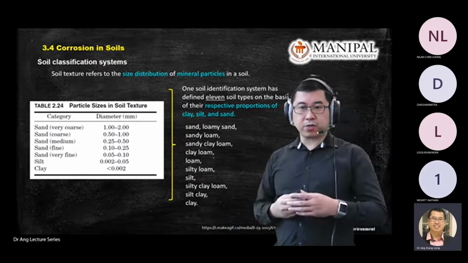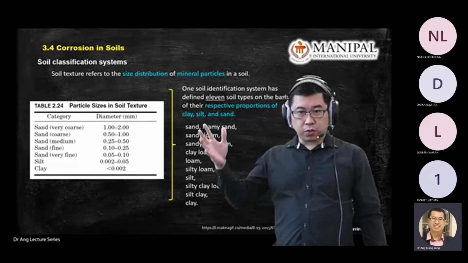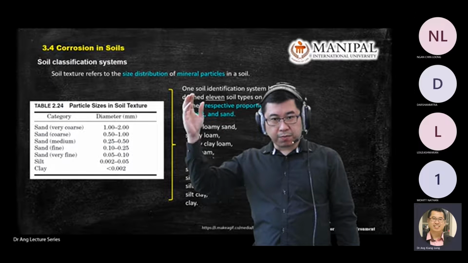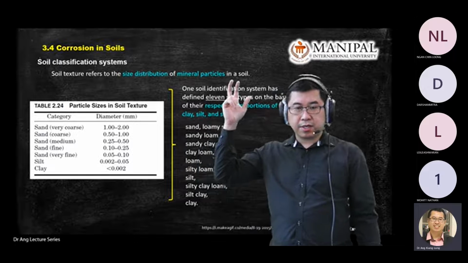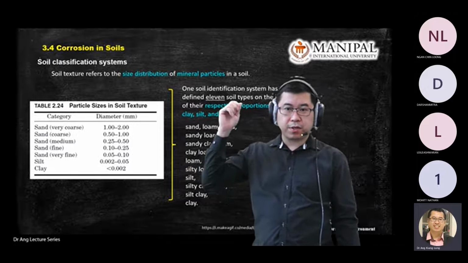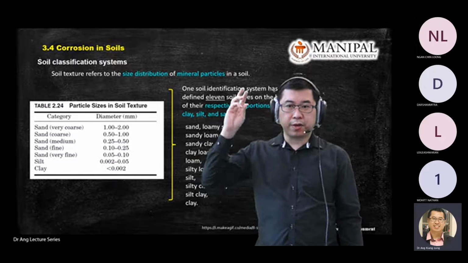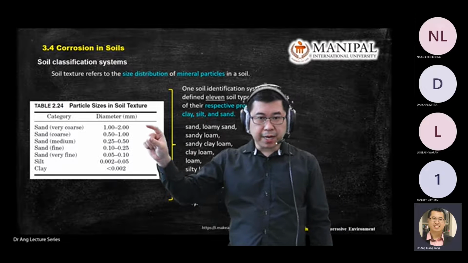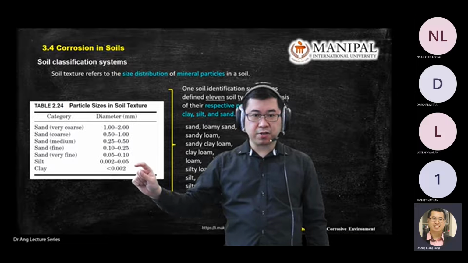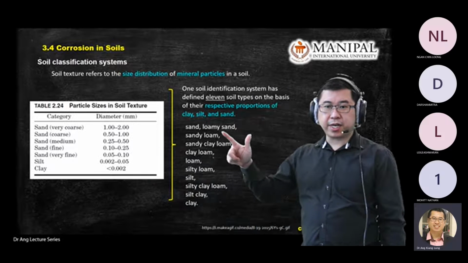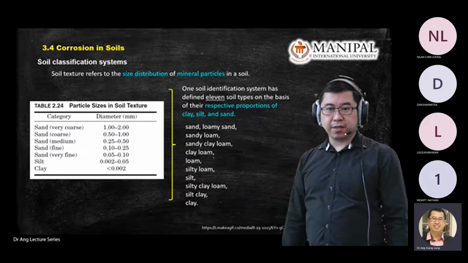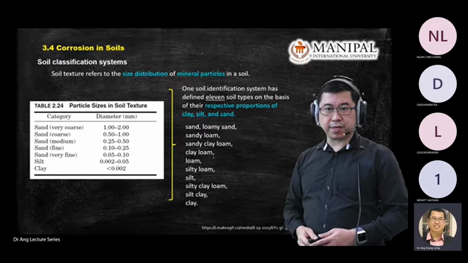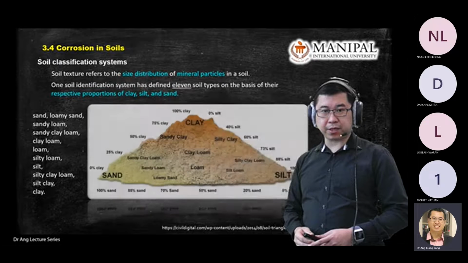But what you need to take home is that how you categorize soil is based on texture. So based on texture, you have three big families: sand, silt, and clay. And by mixing different amounts of sand, silt, and clay, you can generate 11 types of soil system. I give you a picture.